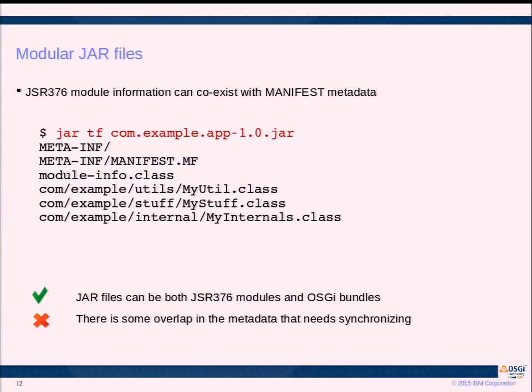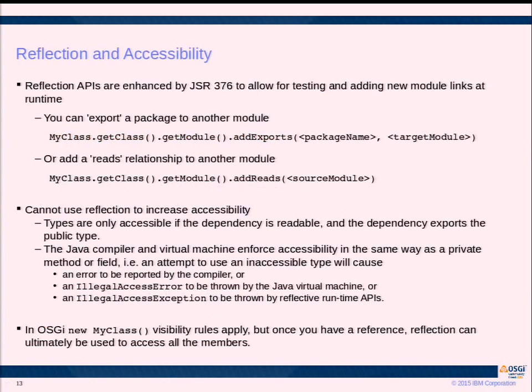Of course, the problem with that is that there will be some overlap, some duplication of information between the manifest and the module info. And you'll have to make sure that it is coherent and synchronized between the two of them.